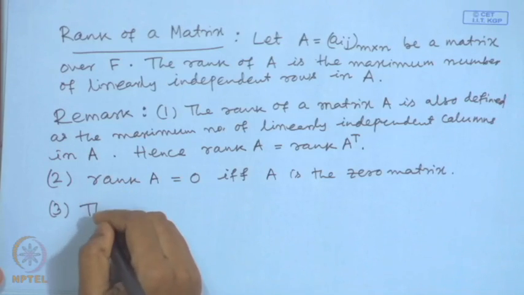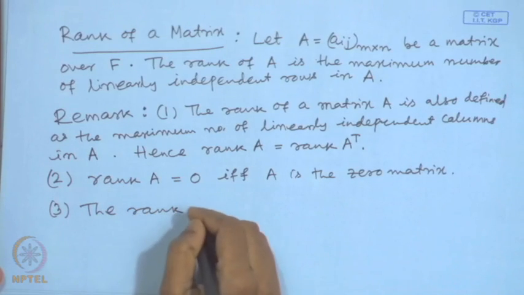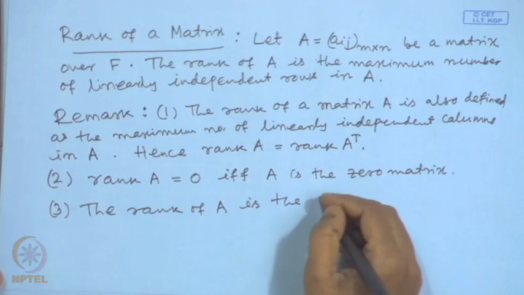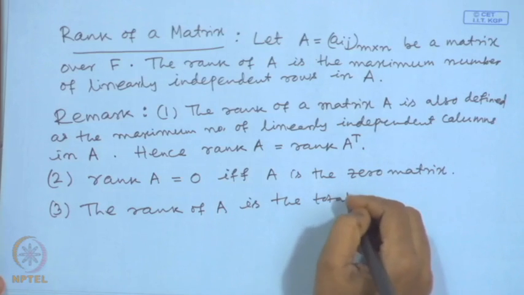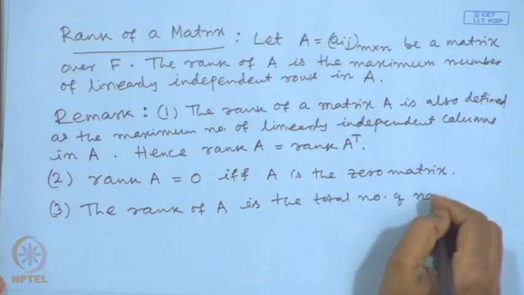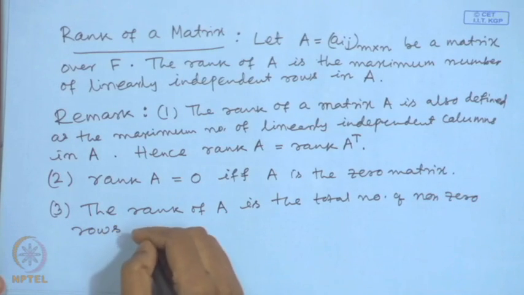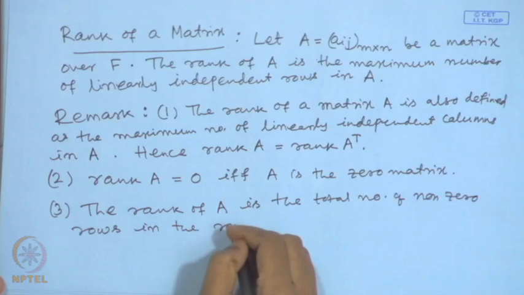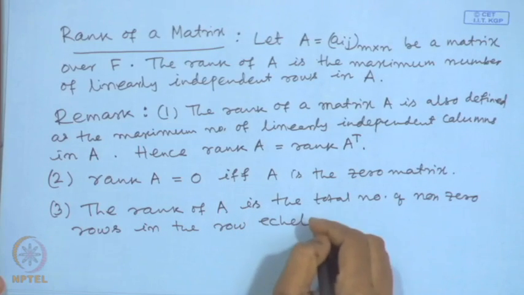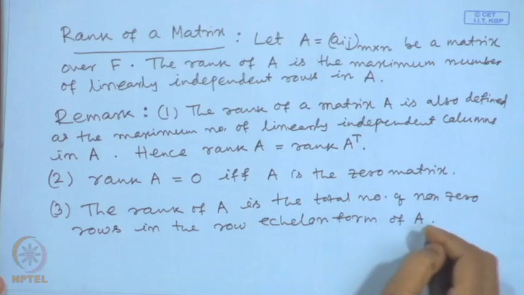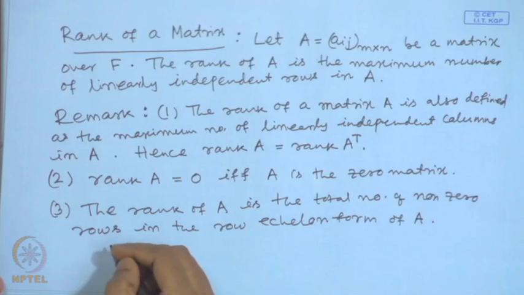That is, the rank of A is the total number of non-zero rows in the row echelon form of A. In fact, we use this third remark to find the rank of a matrix, and so this is useful.